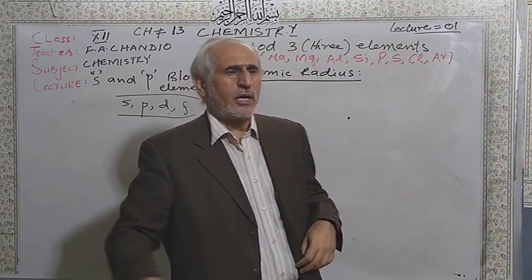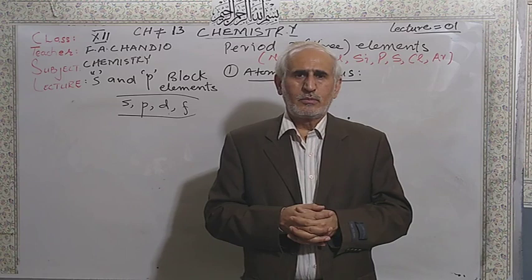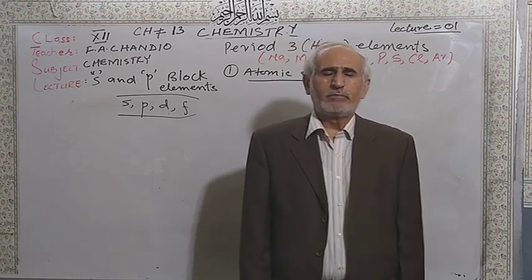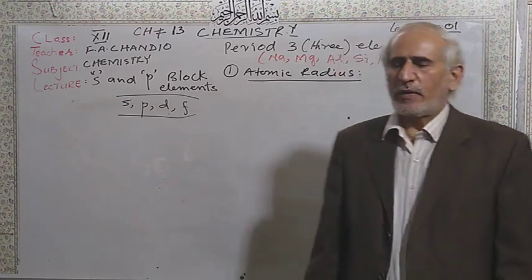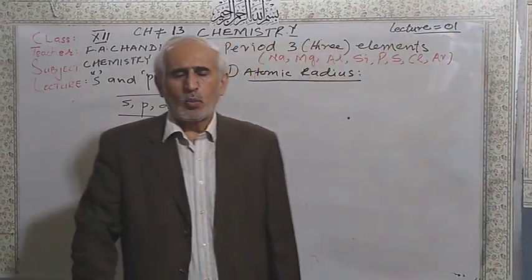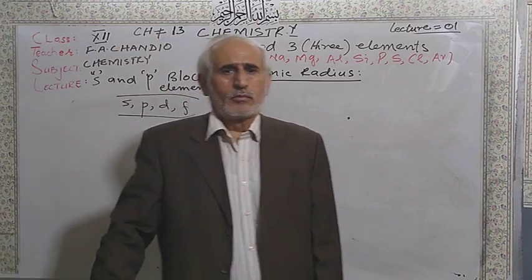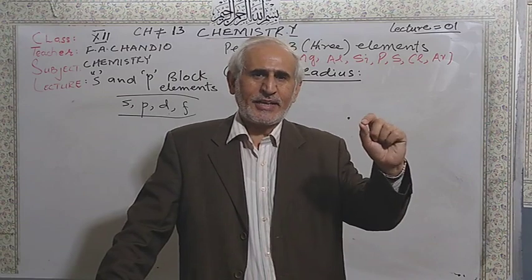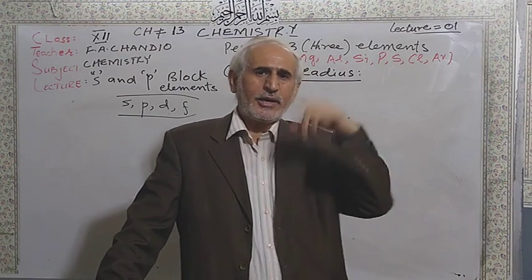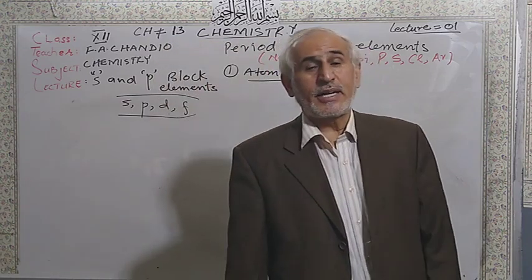According to the books, if you draw the shape of an atom according to Bohr's atomic model, you will find the nucleus in the center, and according to the atomic number there are different shells, orbits, energy levels.